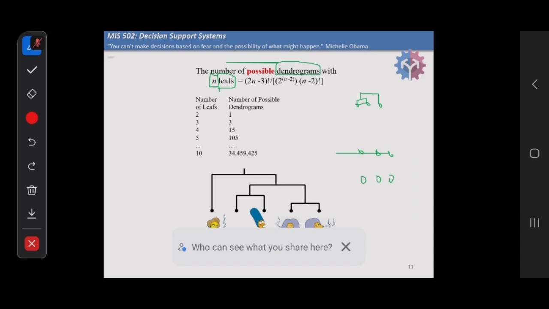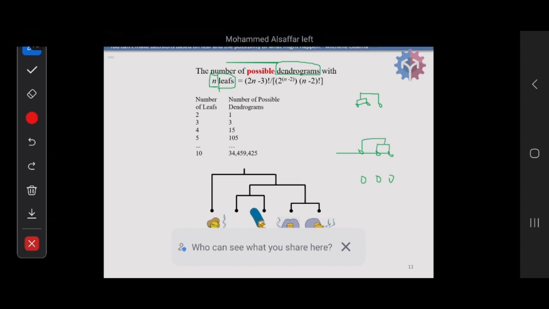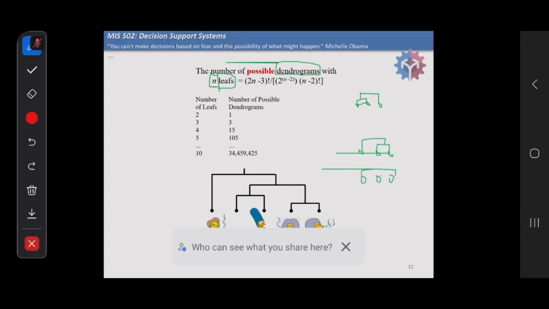Another possible dendrogram is we join this one first, and then join it with this one. And another is we join this one first and then join this with this one. So this is called a possible dendrogram. How many dendrograms do you see? We see one, two, three possibilities, right? Understand what we mean by possible dendrograms that we can create from these points?